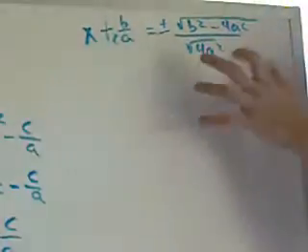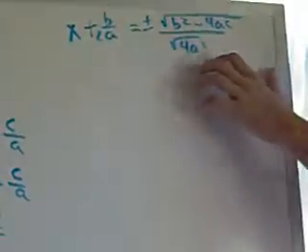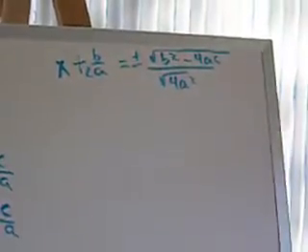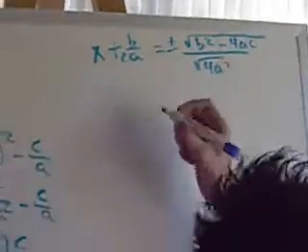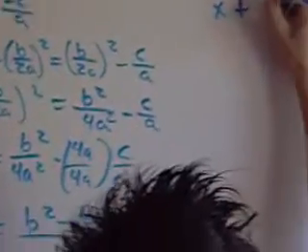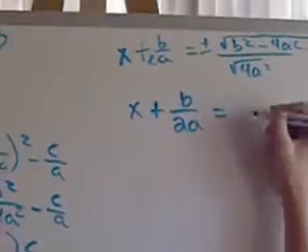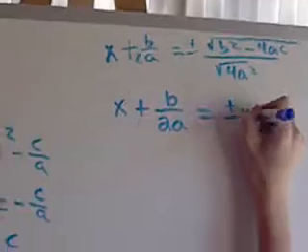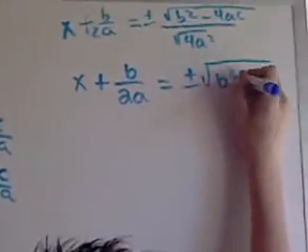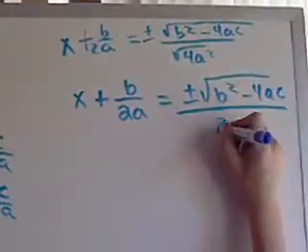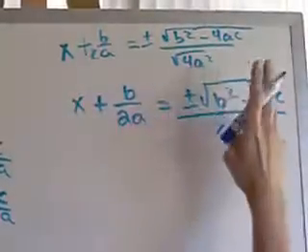And we know that the square root of 4a squared is 2a, because the square root of 4 is 2 and the square root of a squared is a. So I'm going to have x plus b over 2a equal to plus or minus the square root of b squared minus 4ac, all of that divided by 2a. I just did the square root of that.